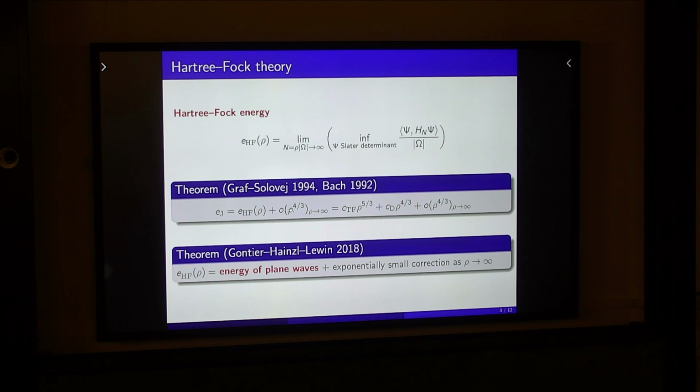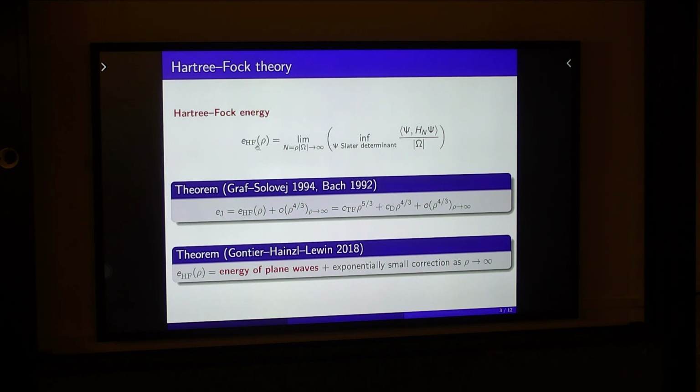So now, if you open a physics book, there are many books which consider the ground state energy of this problem.